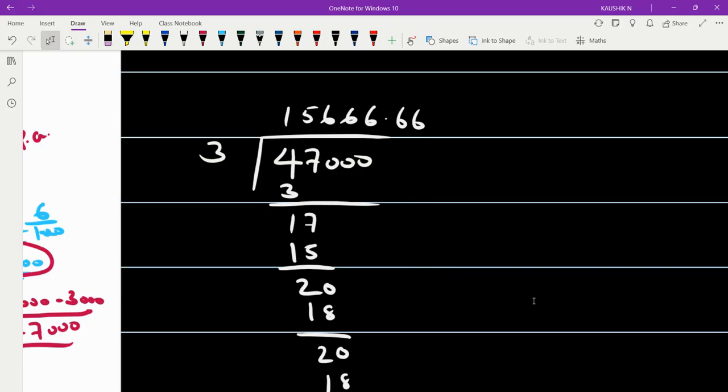Ensure whether you are getting the decimal point as 5 or more than 5.